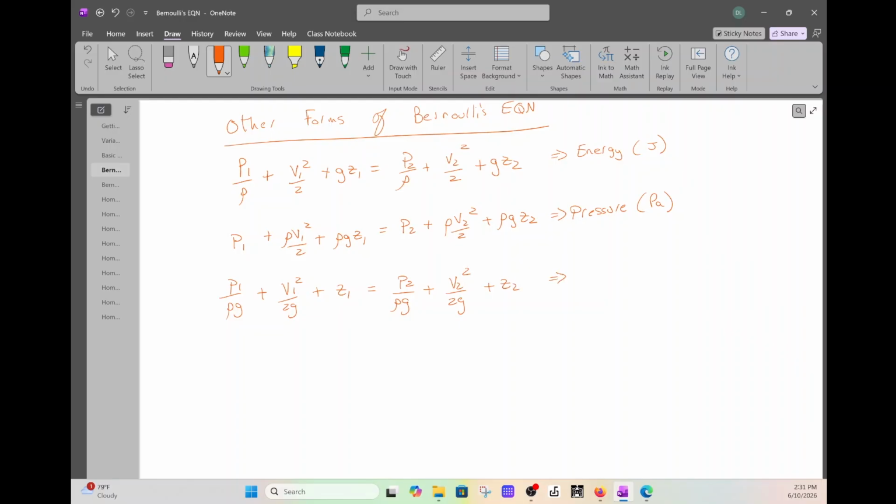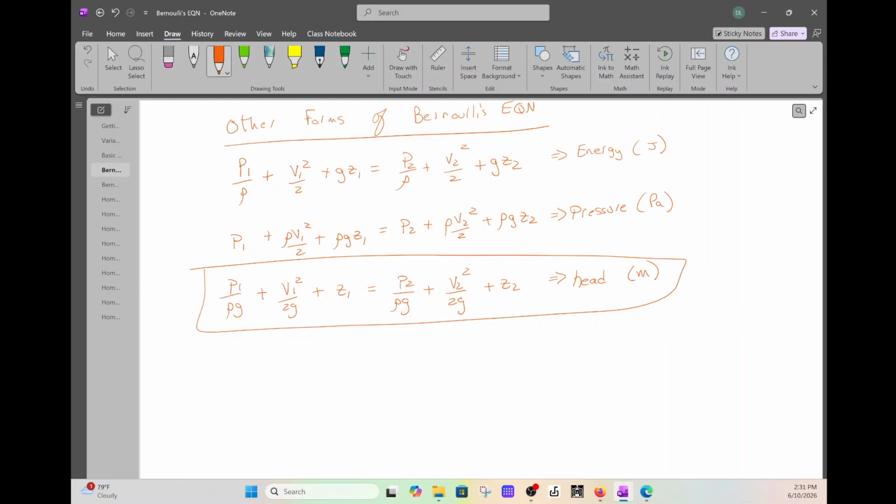This is what we call pressure head, velocity head, elevation head, okay? So these are all basically what we call head values, and they're meters or feet, okay? We're going to pretty much use this one when we start doing stuff with losses, pumps, and stuff, okay?